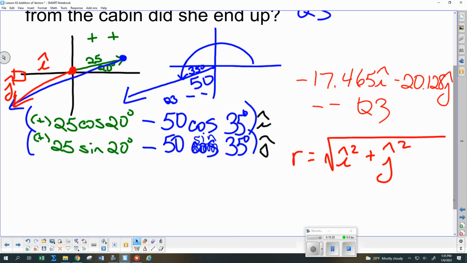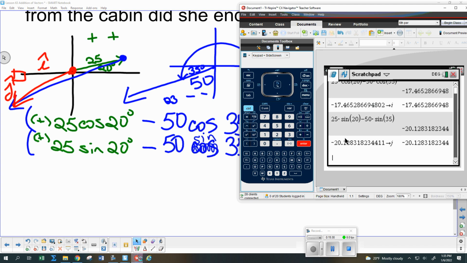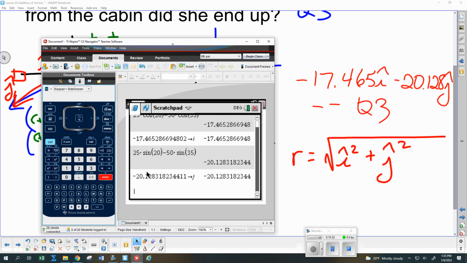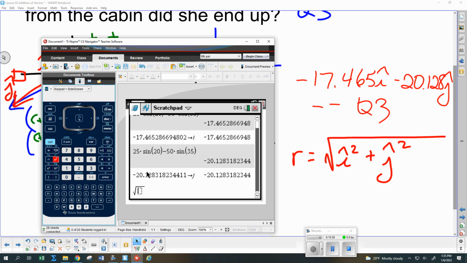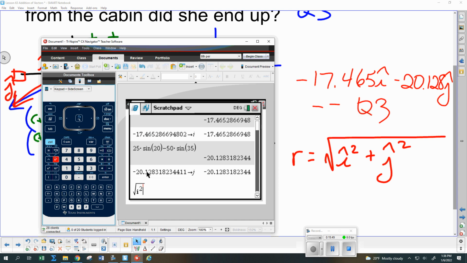So now on my calculator, here's how I enter that. I enter it just basically like that, except without the hats. I do control and then my square root symbol. And then inside of it, I type the I, because I told the calculator, remember all of the digits without rounding on I, square that, plus the J, and square that.